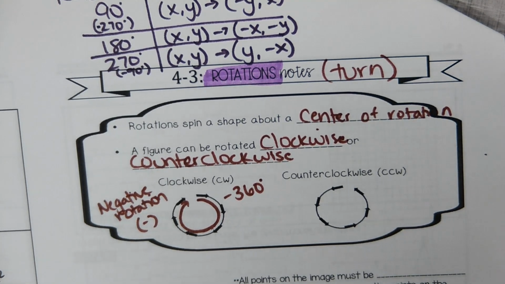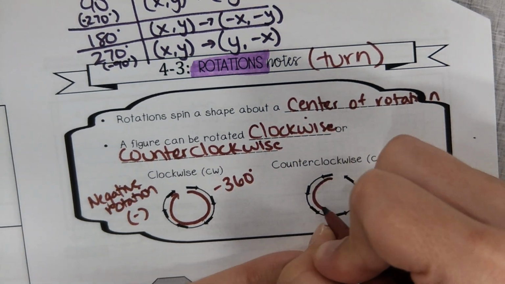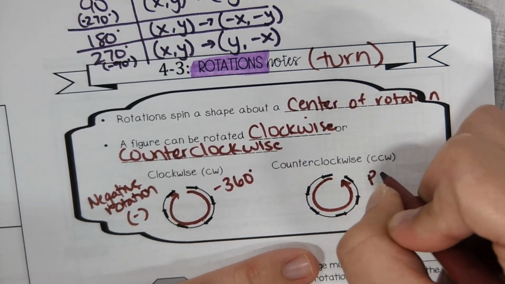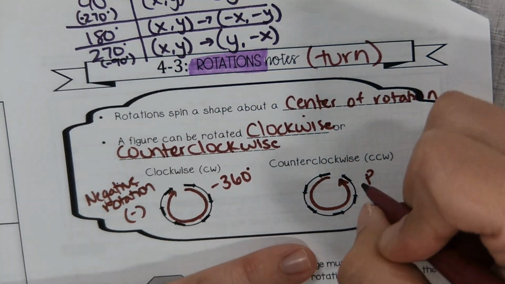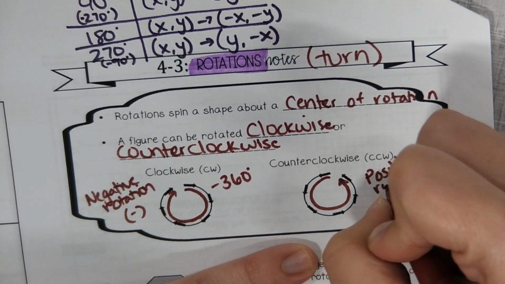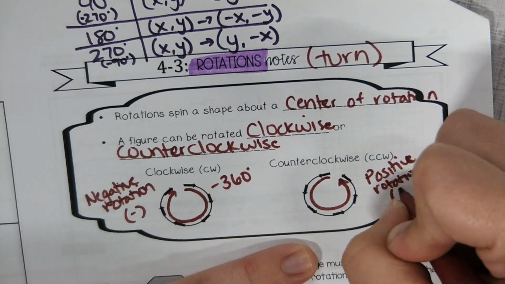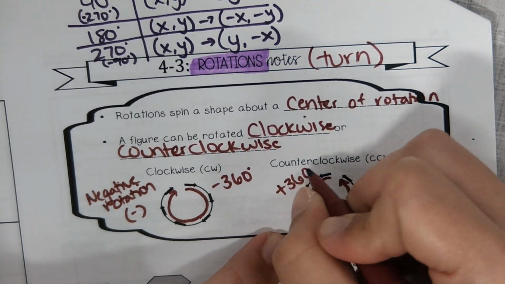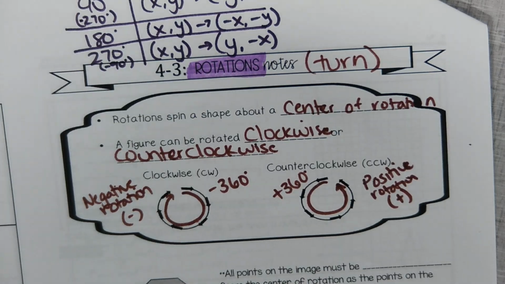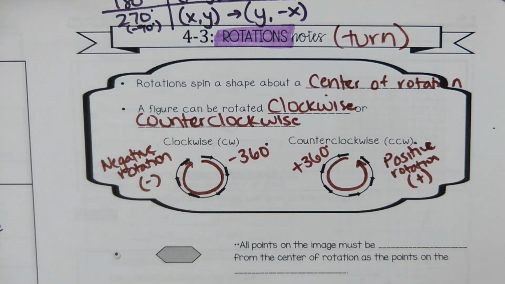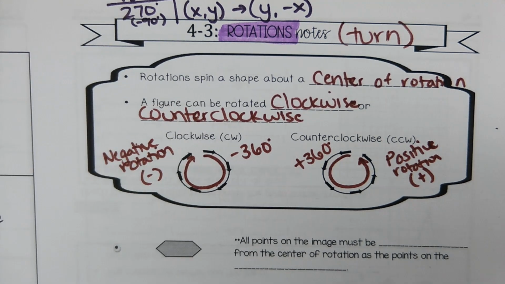And then counterclockwise is this way, the opposite way that a clock moves, and that is a positive rotation. This all the way around would be a positive 360 degree turn. But essentially negative 360 degrees, positive 360, it lands in the same spot.